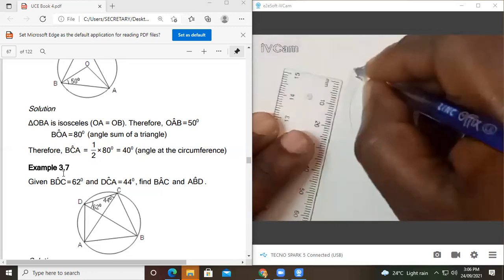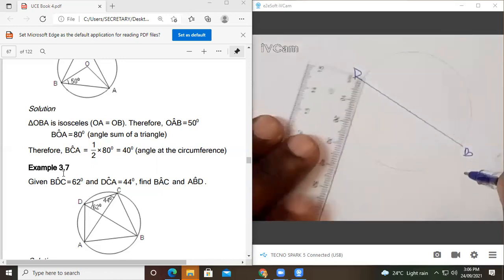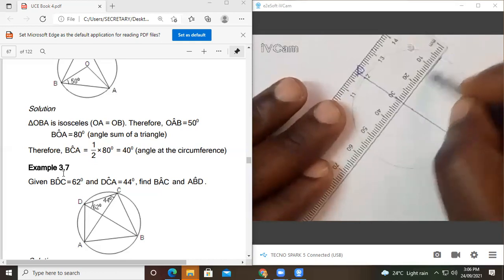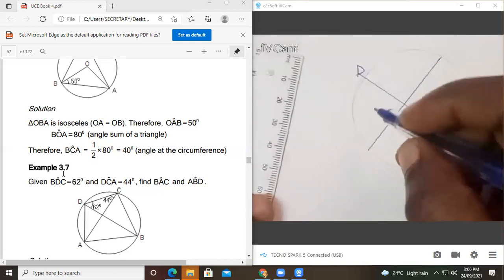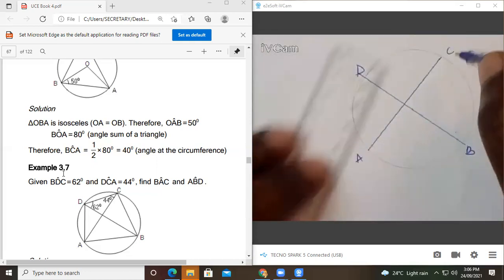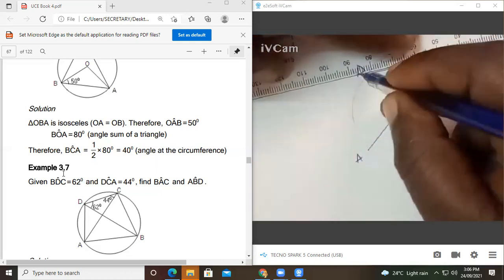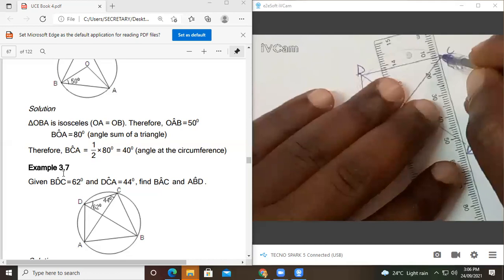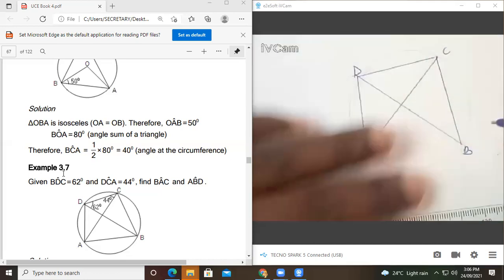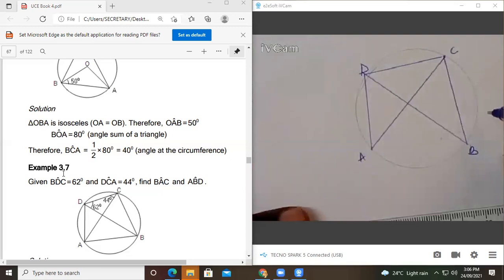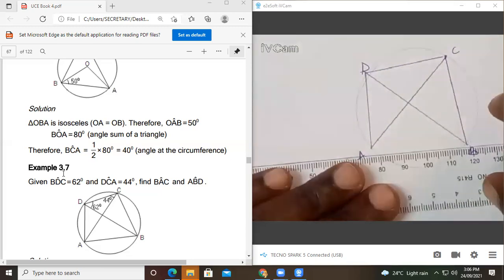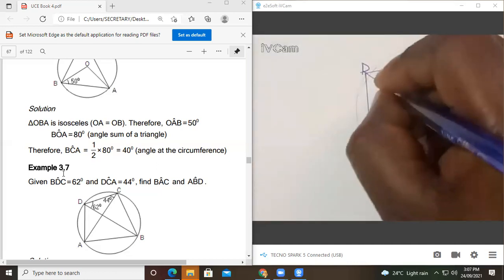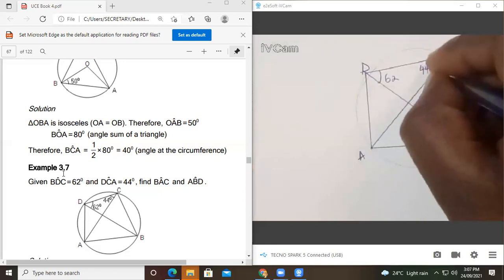Okay, this is D, this is B. The other one is somewhere here. This is A, this is C. We looked at this, I remember. They're telling you to find the angle A. Didn't we look at this, members? 62, 44.